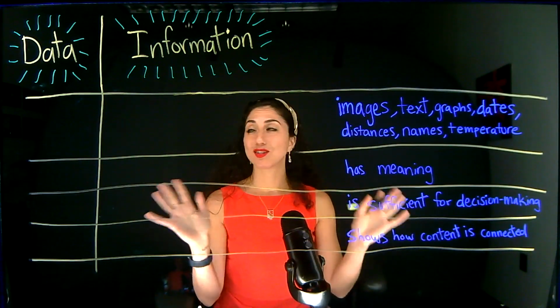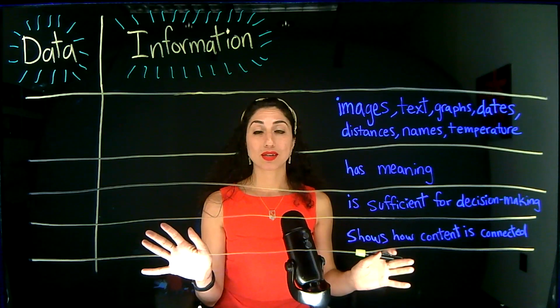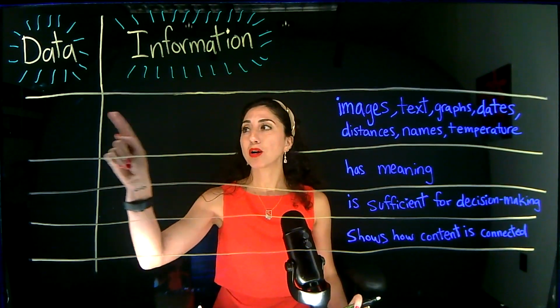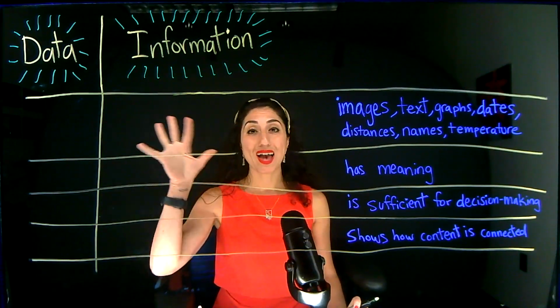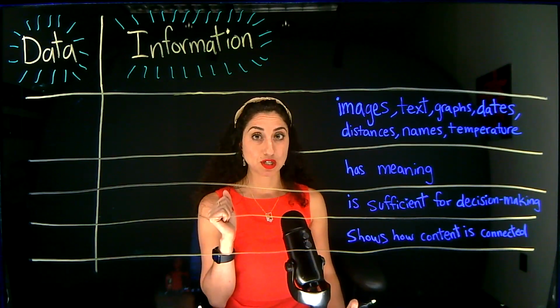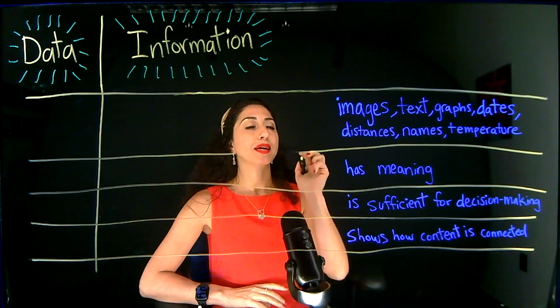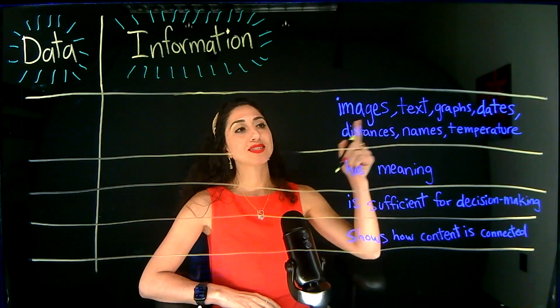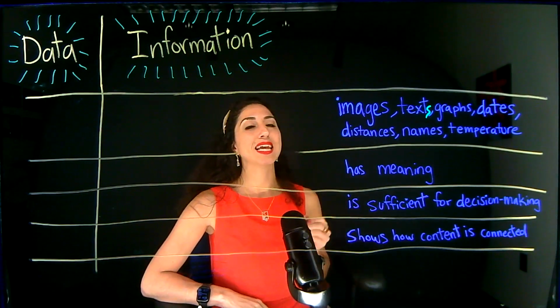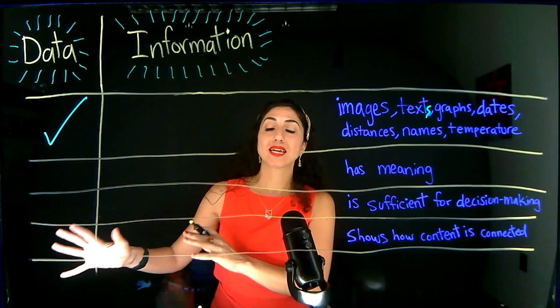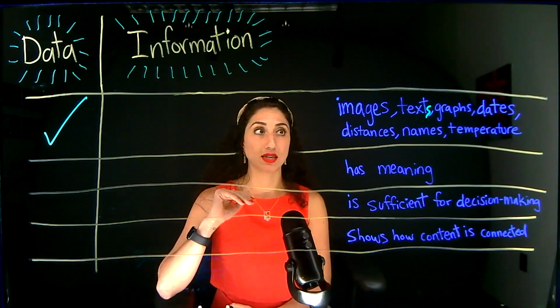Okay, these are a lot of markings on the board. Let's slow things down. We're going to go one by one, and we're going to mark which one of these two has this description. Which one of these, or both or neither, can be made up of images, text, graphs, dates, distances, names, or temperatures? Data definitely can involve any of those things.